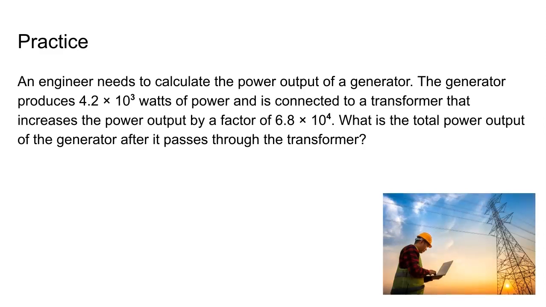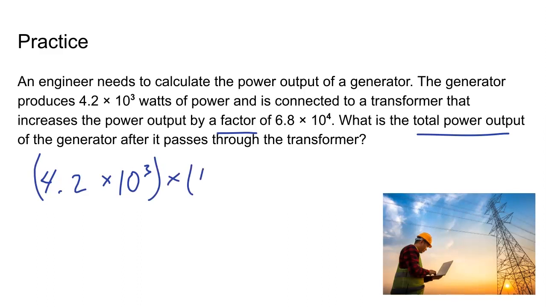In this case, you need to find the total power output of the generator after it passes through the transformer. But in this case, you need to multiply instead of adding, because the power output is being increased by a factor. So you would do 4.2 times 10 cubed times 6.8 times 10 to the fourth.